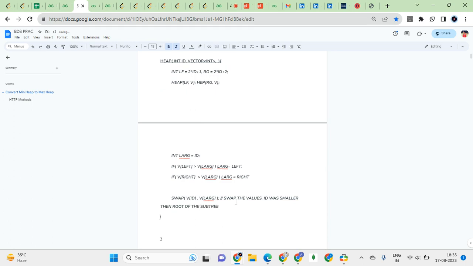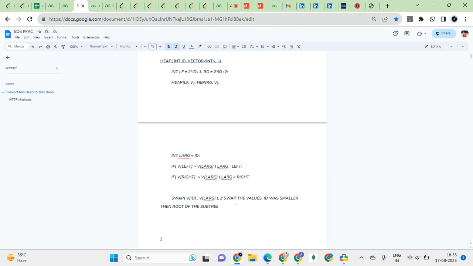I was sure that the root of that subtree is actually the largest among that subtree, but I'm not sure if id qualifies to be the root of that subtree. Currently id was the root of the subtree, which signifies that id was largest, but we found out that id was not the largest, so we swapped id with something, so id is now that part, and then we called on it.